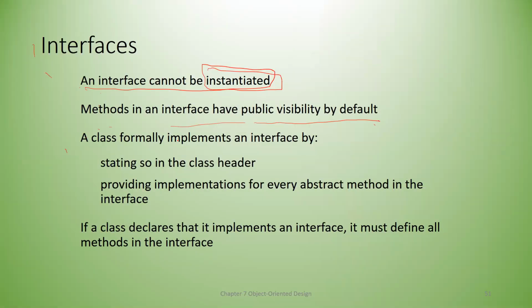A class formally implements an interface by stating so in the class header, and we will look at an example. If you implement an interface, you have to provide implementations for every abstract method in the interface.